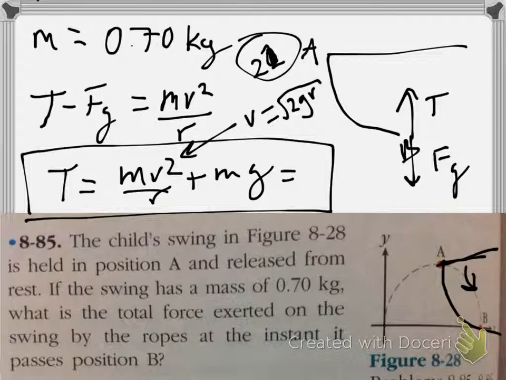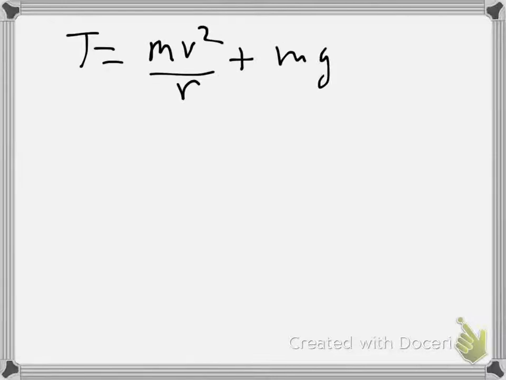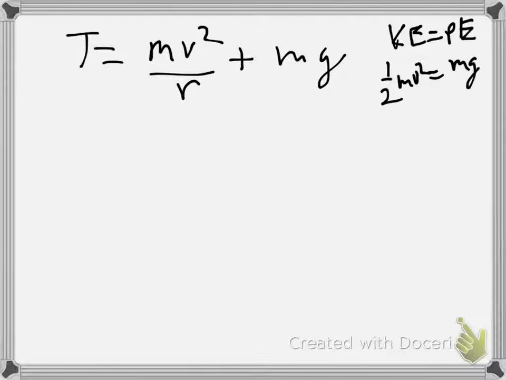Okay, sorry, I was stuck on minimum vertical velocity. This is kinetic equals potential energy. Remember this? So I have mv squared over r plus mg. For any object that falls a certain distance, KE equals PE, and we said 1/2 mv squared equals mgh.